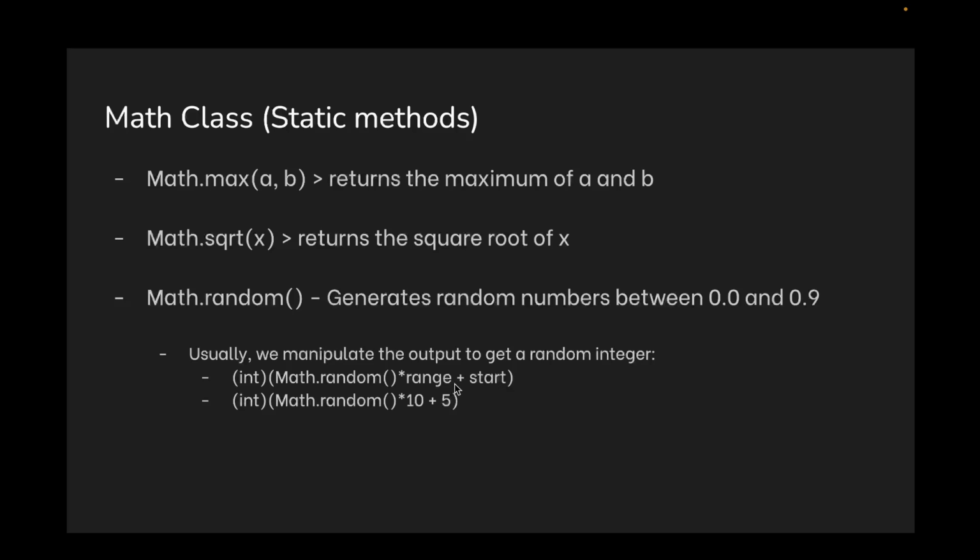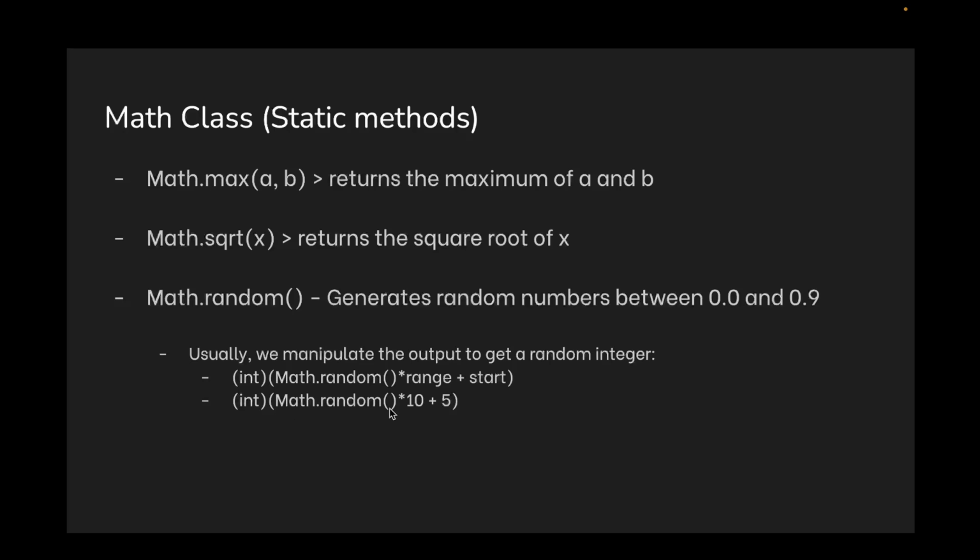And then this first part, Math.random times range, evaluated to 0. So then we would have int in parentheses, and then we would have start. In that case, we would truncate or remove everything after the decimal point, and then we would have 0 as the result. In this case, Math.random times 10 plus 5.